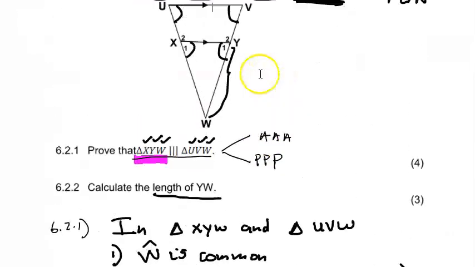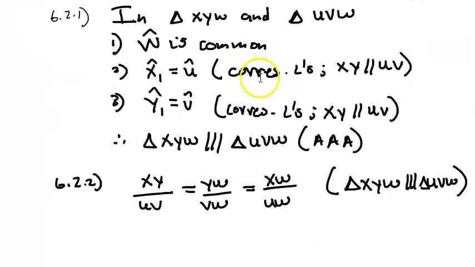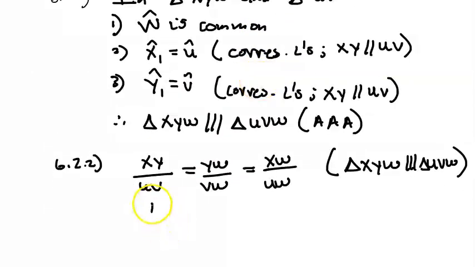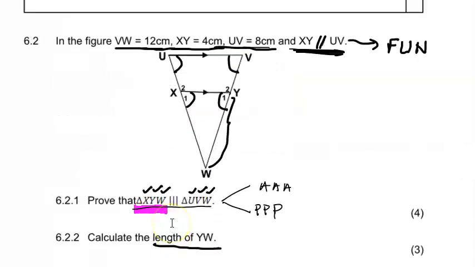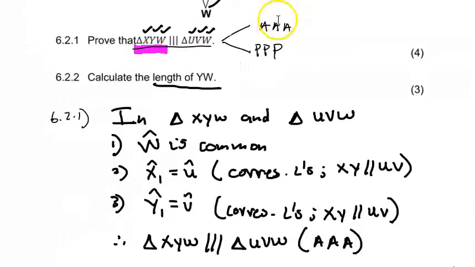So once again, I'm given that XY is 4, so I will put in 4 over UV. UV I'm given is equal to 8, so I put in 8.